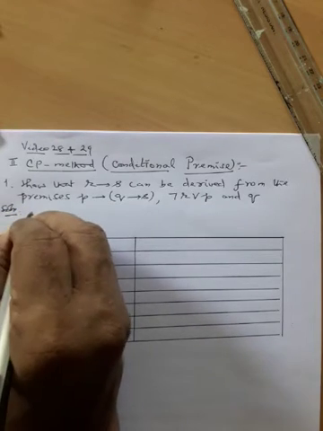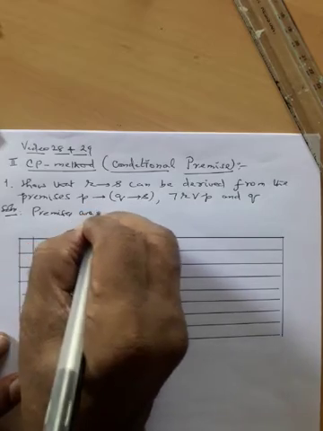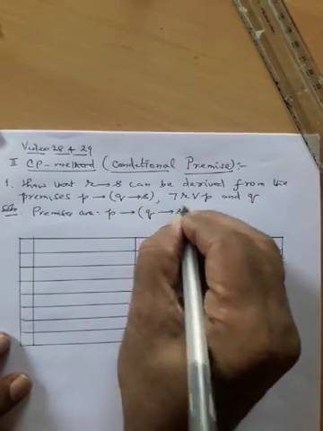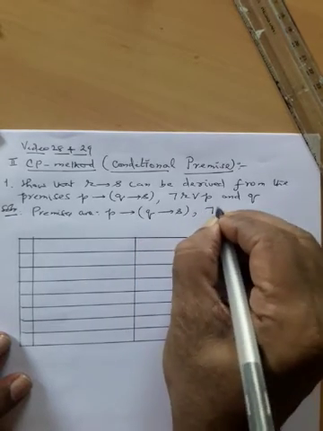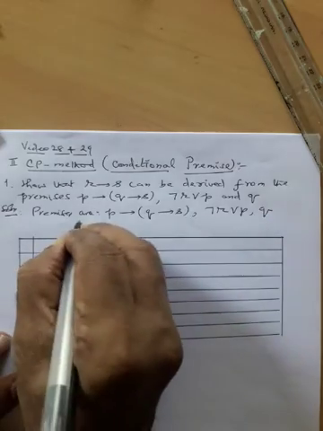Solution. Premises are P conditional (Q conditional S), negation R or P, and Q.